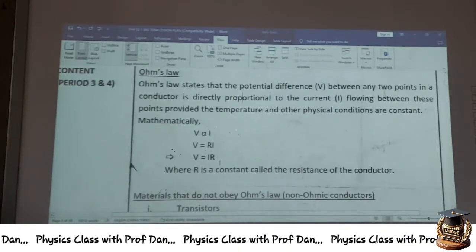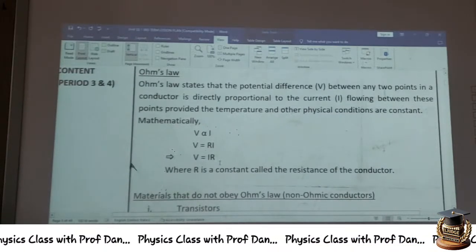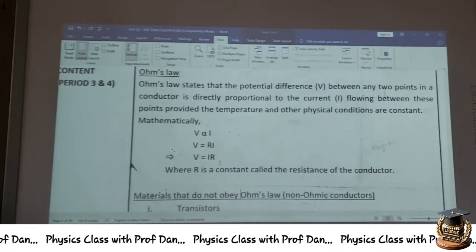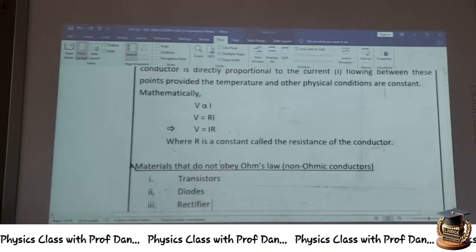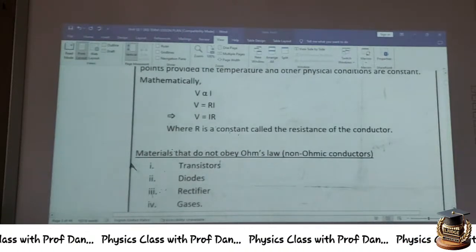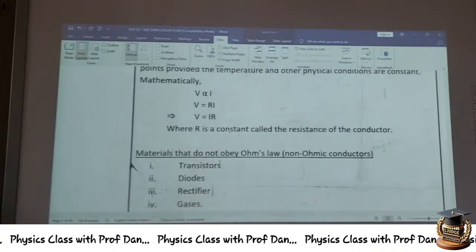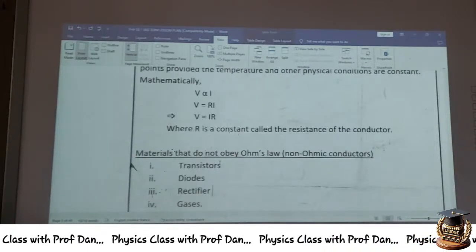There are some materials that do not obey Ohm's law. So we call them non-ohmic conductors. Apart from these, every other conductor will always obey Ohm's law. Number one, a non-ohmic conductor is a transistor.